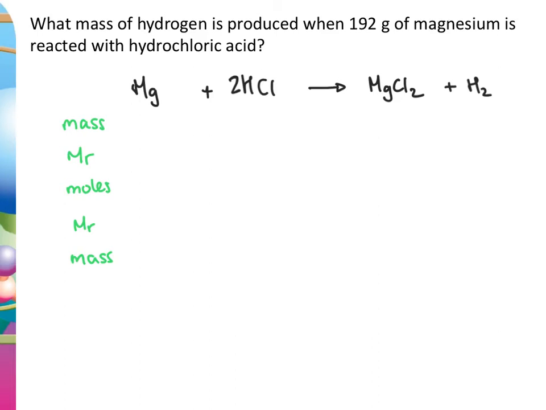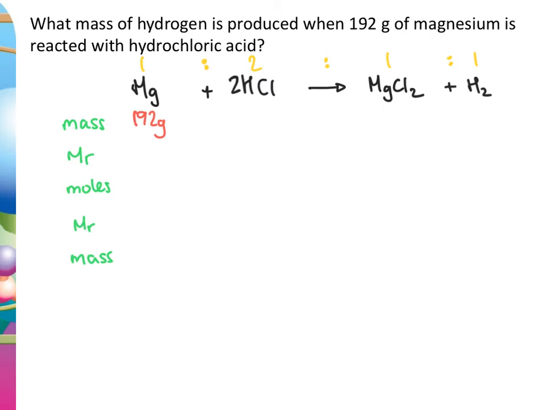So we are given the mass of magnesium. It's 192 grams. And then just before we proceed, above the equation I'm going to write the ratios, like I always do whenever I do a calculation like this.